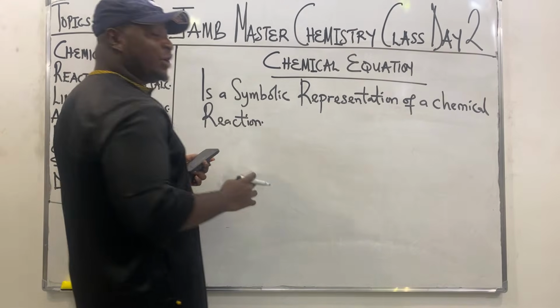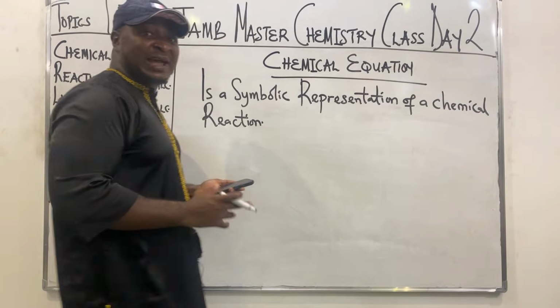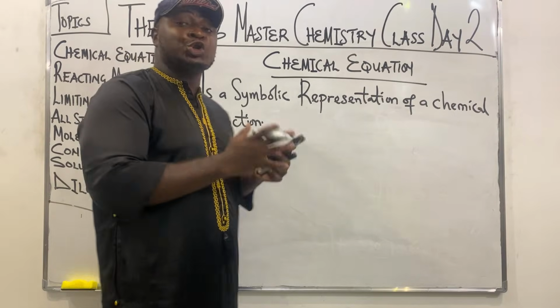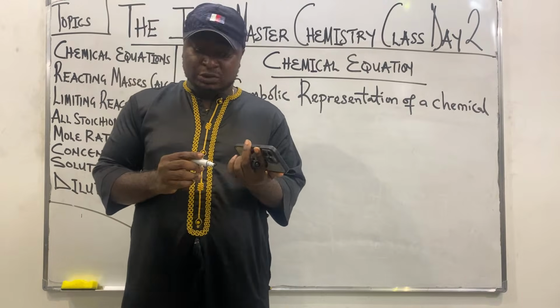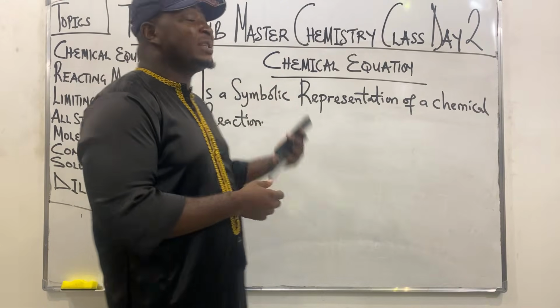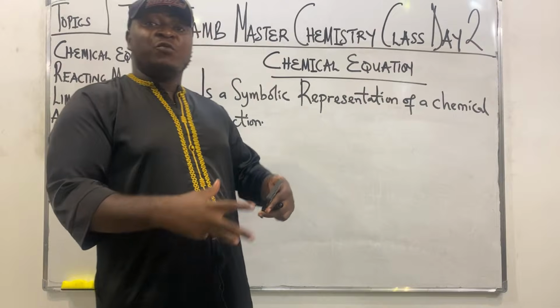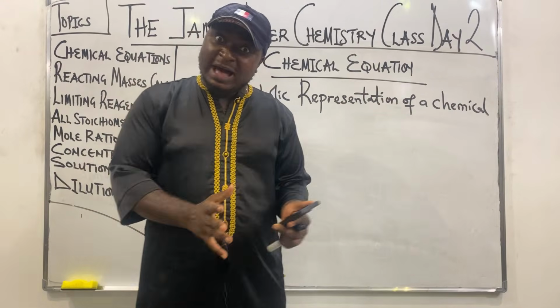So a chemical equation represents what happens during a chemical reaction. We use the chemical equation to show theoretically what happens practically during a chemical reaction. It is almost like the theoretical representation of what takes place practically during a chemical reaction.